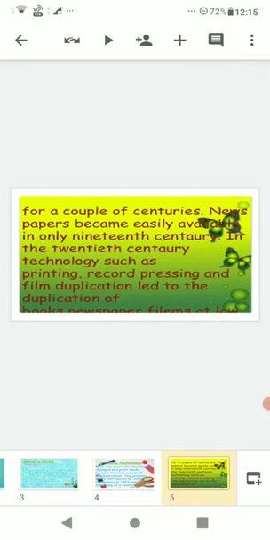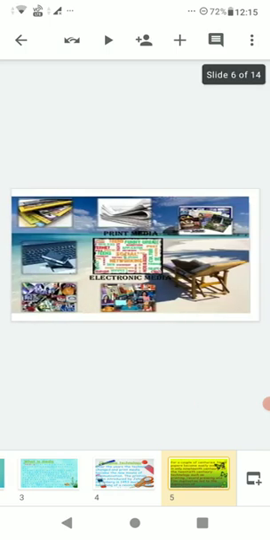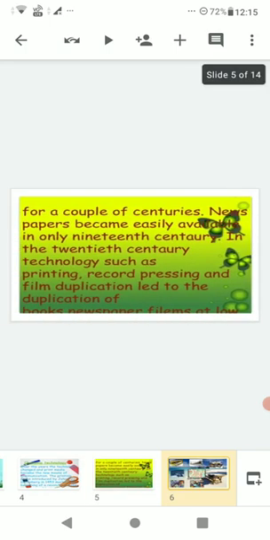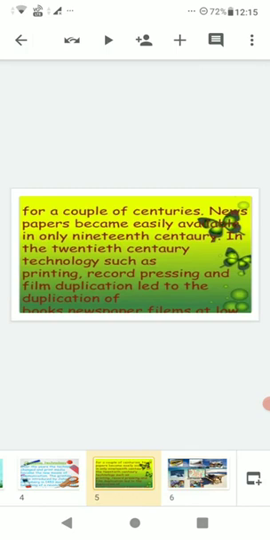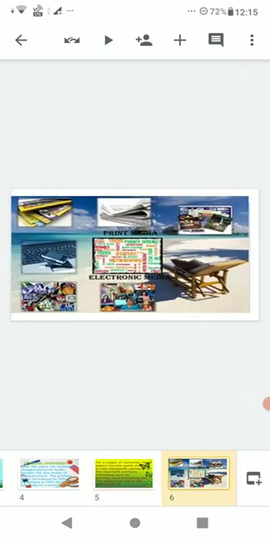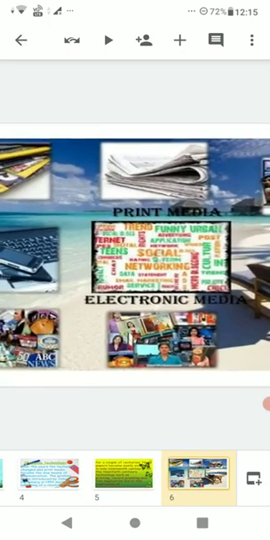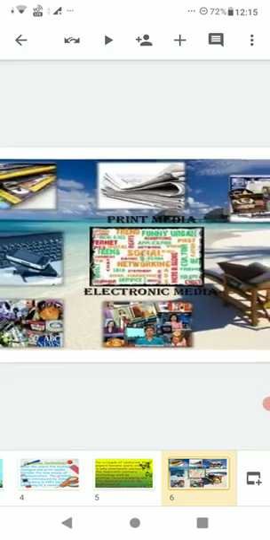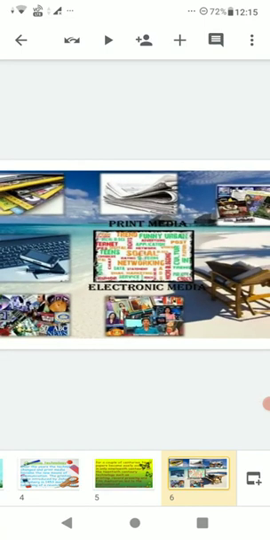For a couple of centuries, newspapers became easily available only in the 19th century. In the 20th century, technology such as printing, record pressing and film duplication led to the duplication of books also. So here you can see pictures of print media and electronic media.